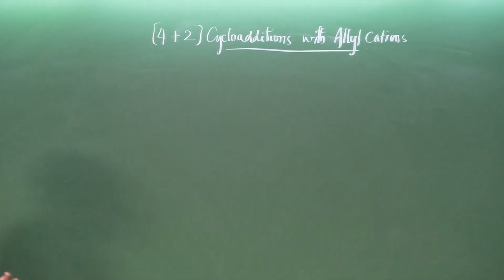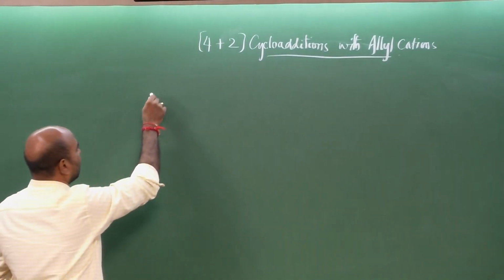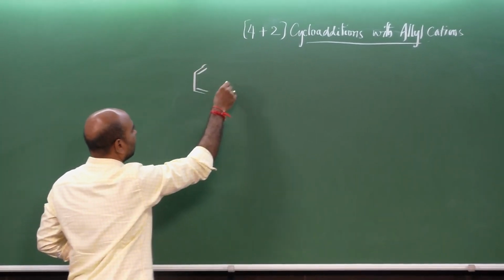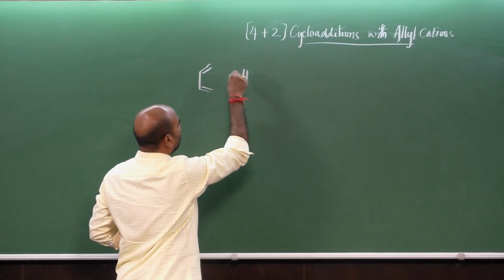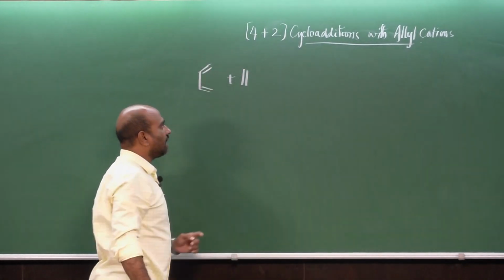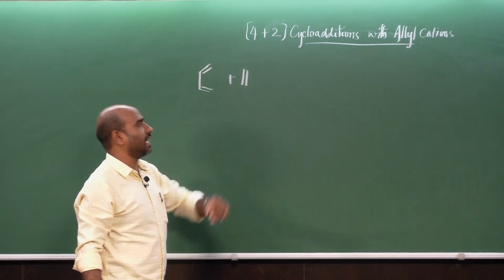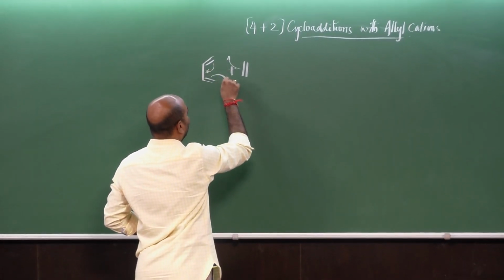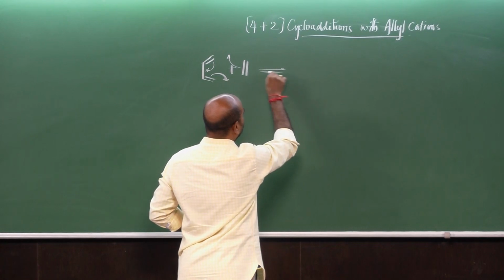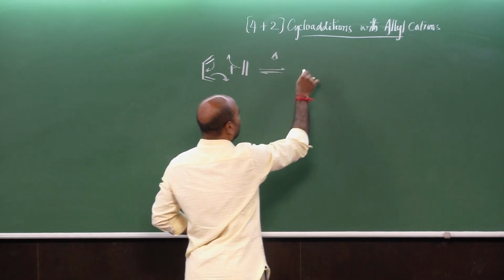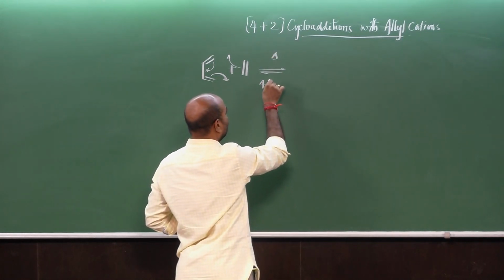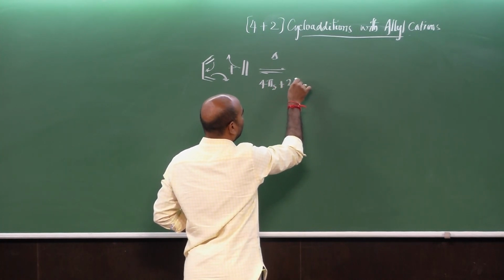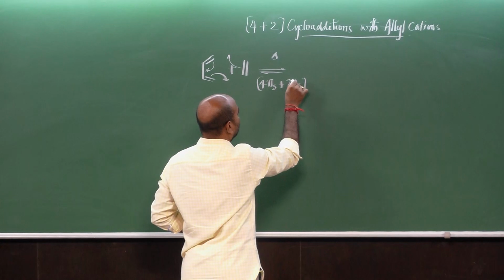If you see a typical Diels-Alder reaction, there will be a diene like this and then a dienophile. The dienophile may be an alkene or alkyne, right. They add with each other, resulting in the formation of a cyclic adduct under thermal conditions. This should be represented as a 4pi supra plus 2pi supra thermal reaction, right.